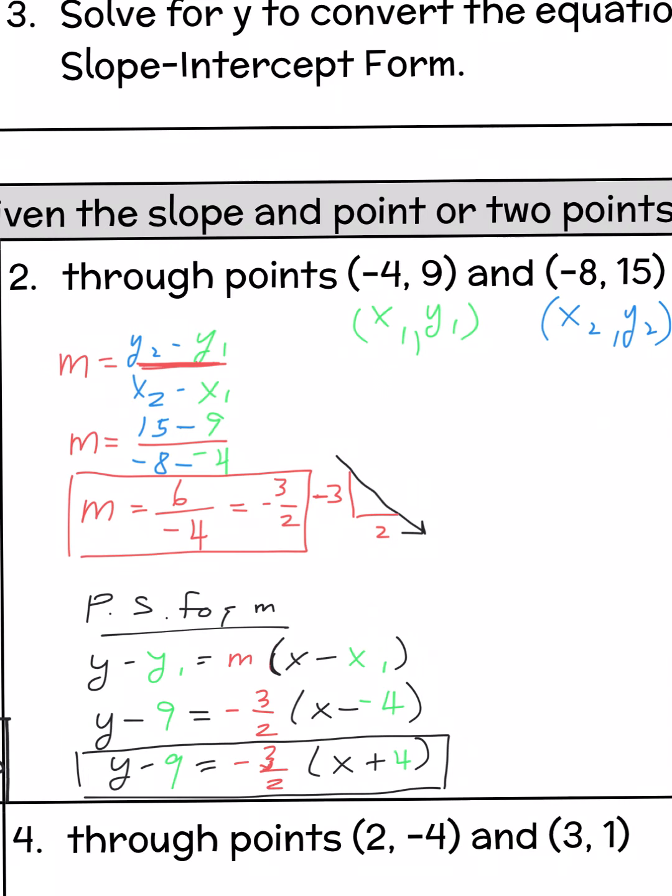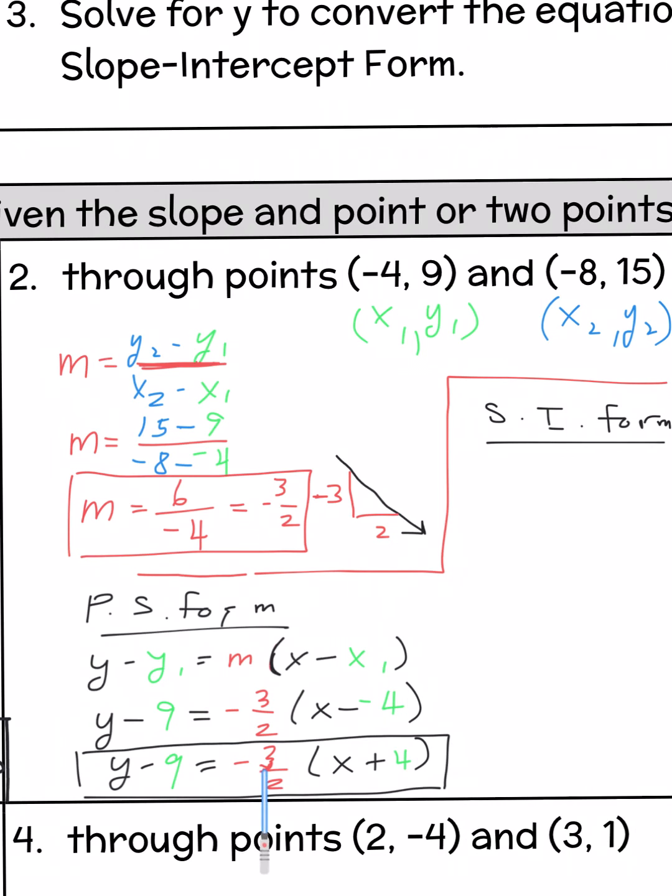Now, to write this in slope-intercept form, remember I call this SI for short, I have to now distribute the negative 3/2 to x and the negative 3/2 to 4 to begin.